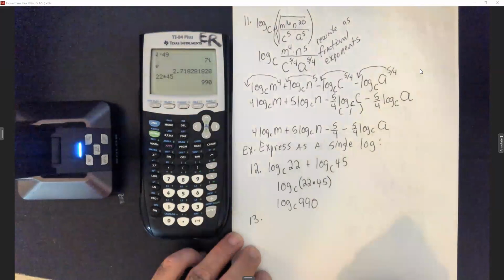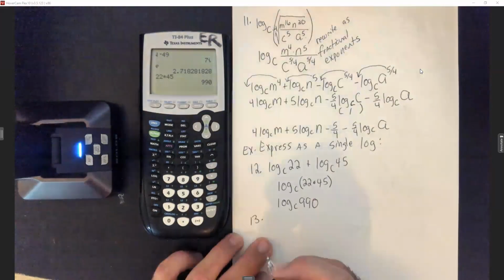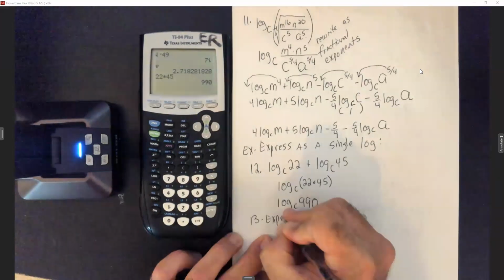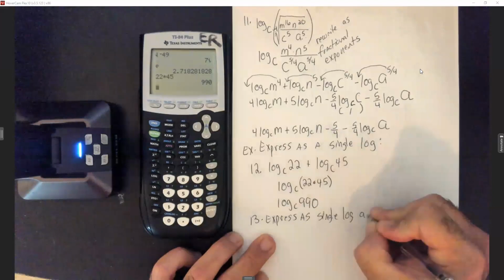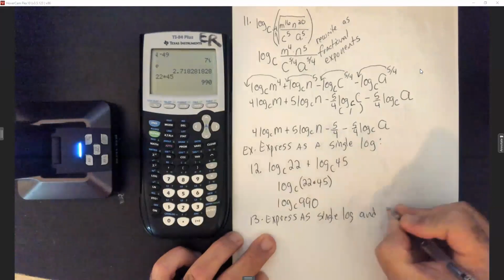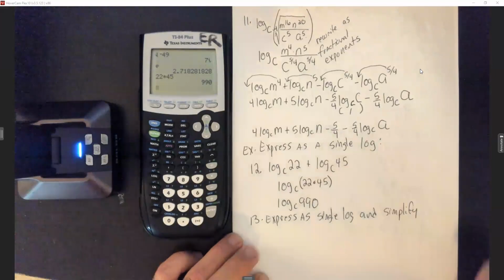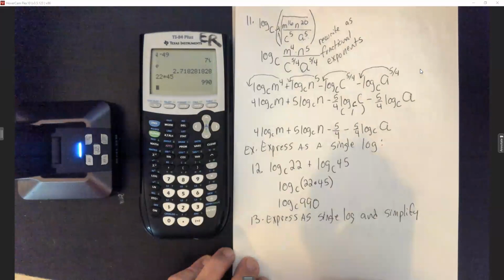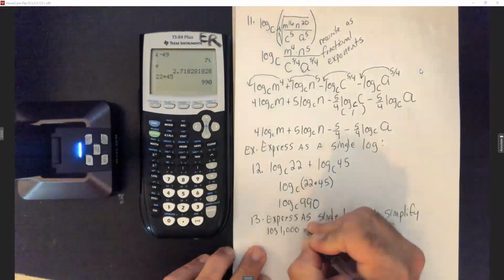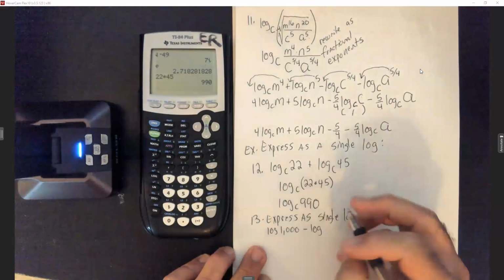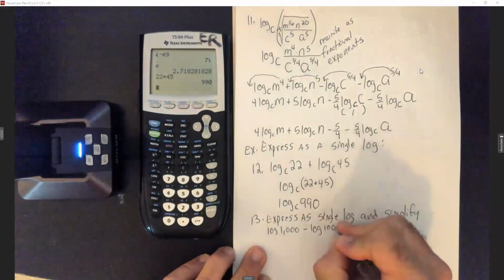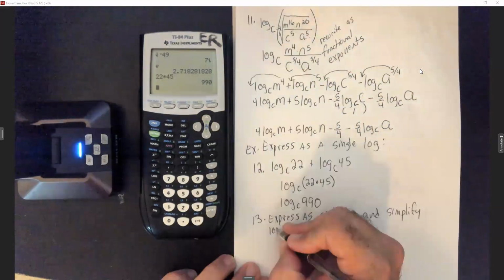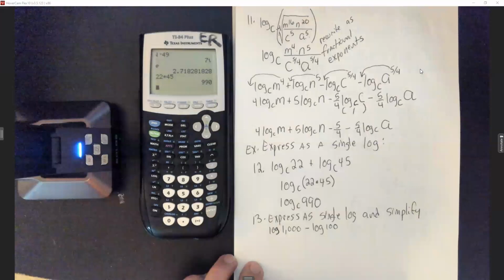All right, watch this one. This one wants me to express as a single log and simplify. All right, y'all, so let's see what I got. I got a log of 1,000 minus a log 100. Now, we know since these are being subtracted, I rewrite it as division.